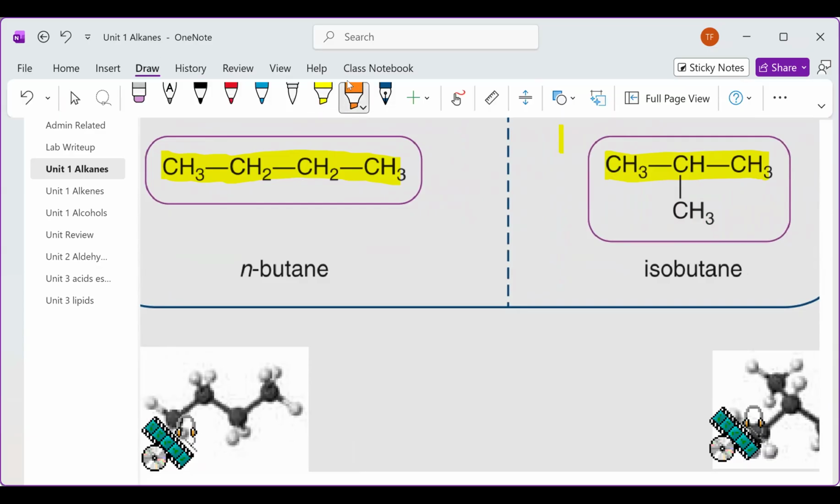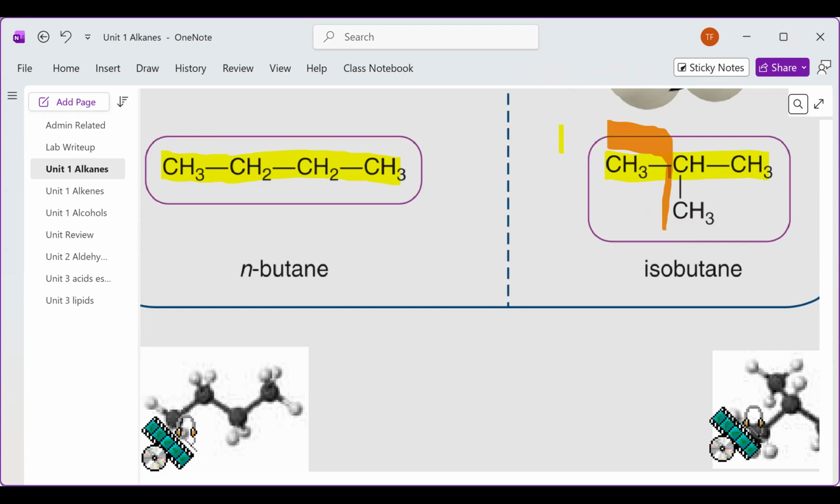Let's use a different color. That could be a backbone also. Either way, it has 1 branch. Both those are legal backbone designations. Now, I'd recommend use a highlighter to do the backbone. And anything that's not highlighted is a branch.